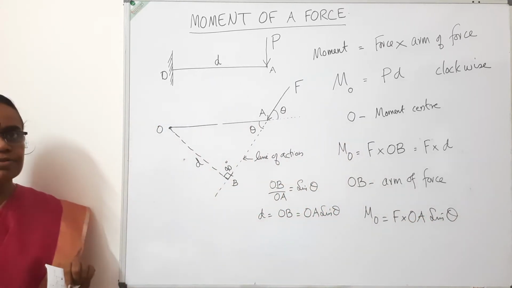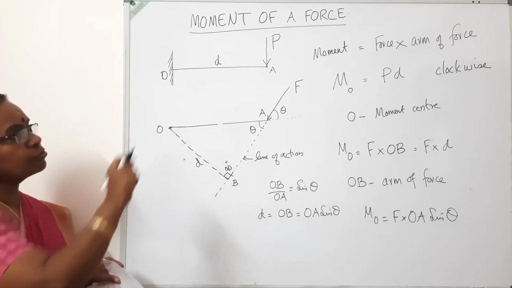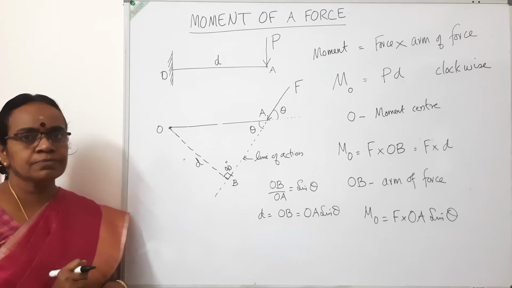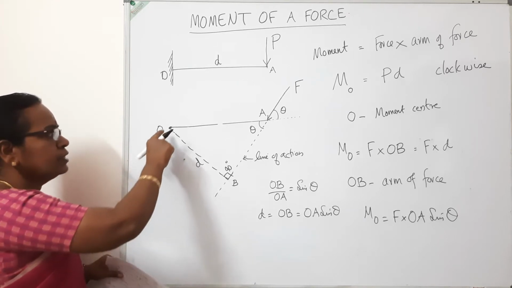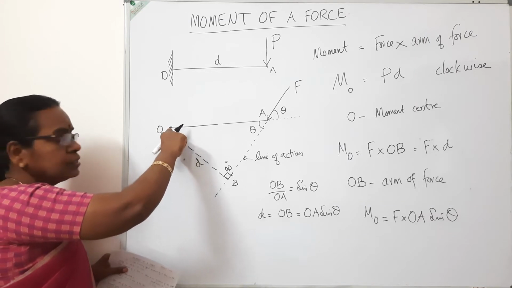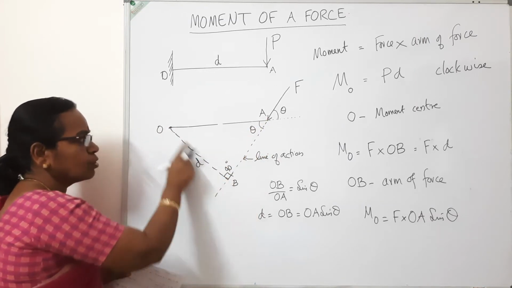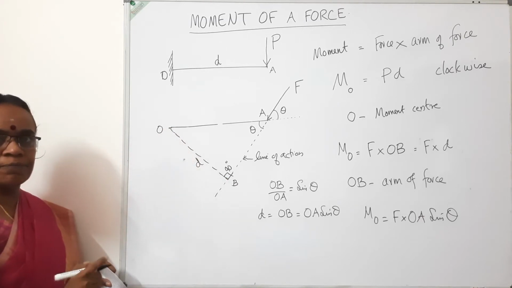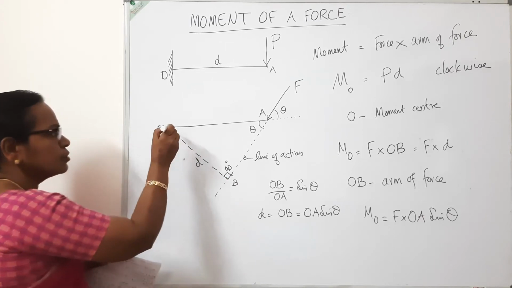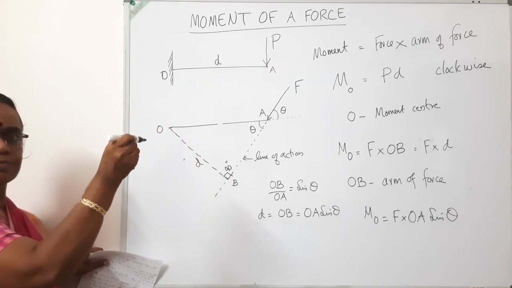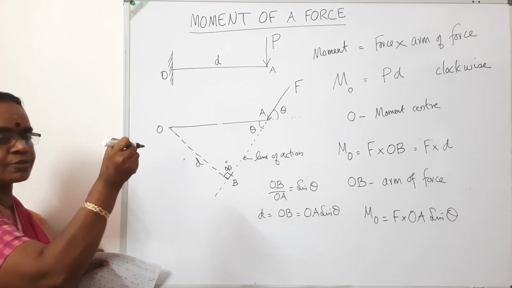So the different terms: moment of a force is equal to the magnitude of the force into arm of force. Arm of force is the perpendicular distance from the point about which you are going to take the moment to the line of action of the force, or it is the lever arm. O is the moment center. Now, consider an axis passing through O perpendicular to the plane in which the force is acting.